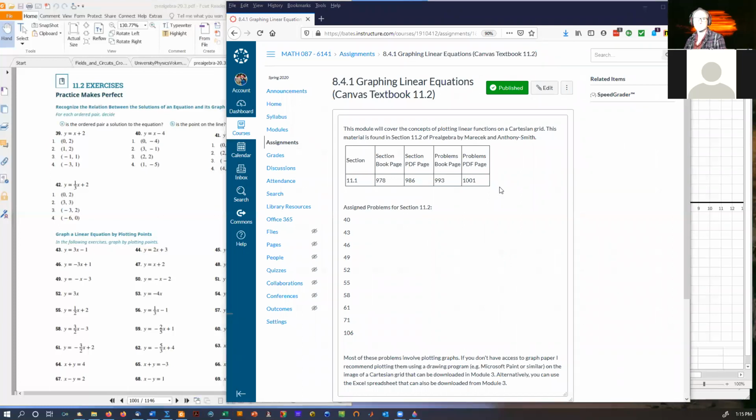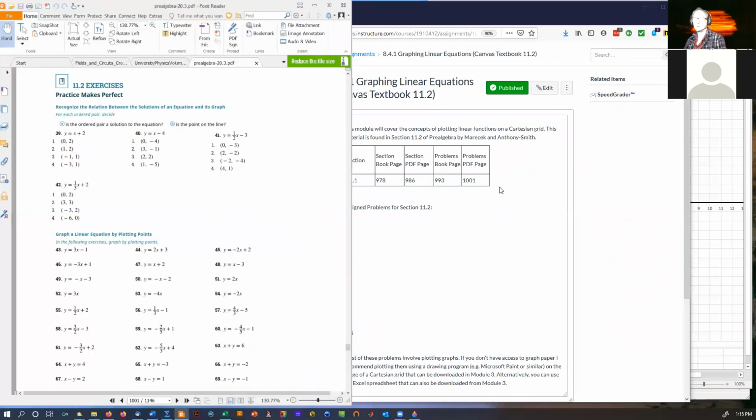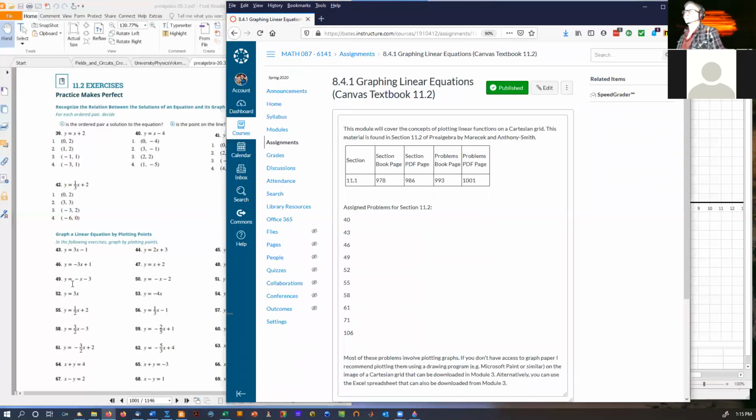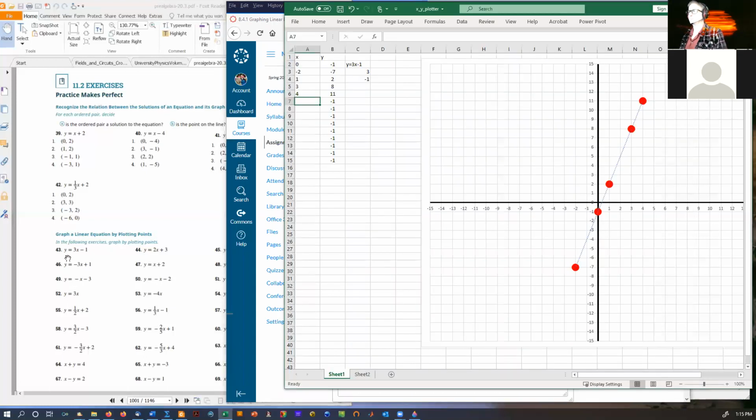46. So let's jump over to 49. So y equals minus x minus 3, right? So y equals minus x minus 3.